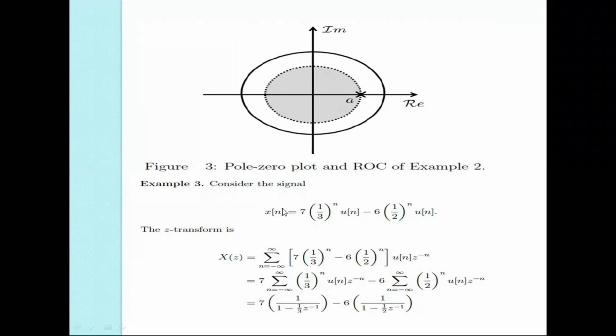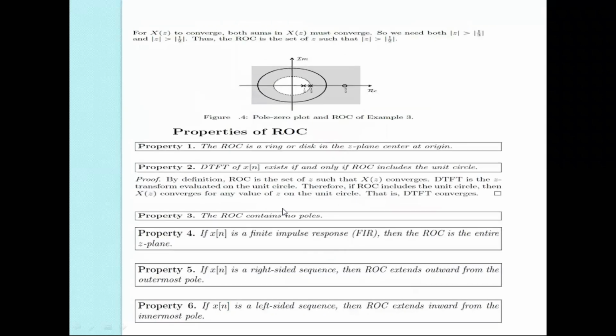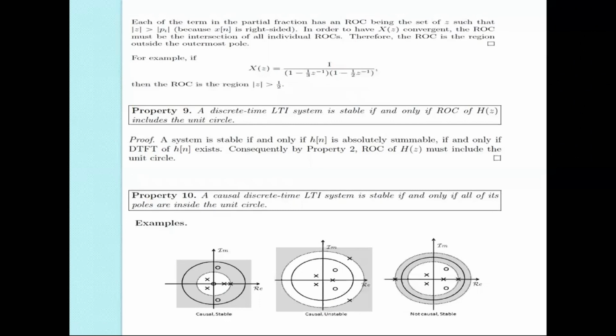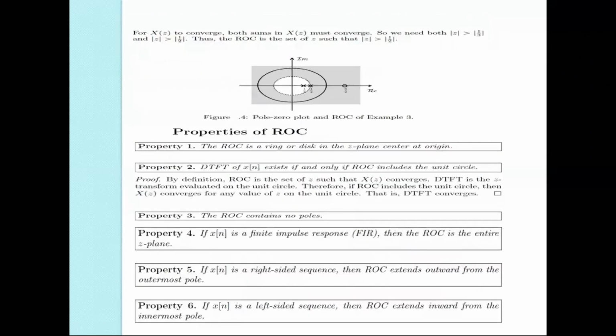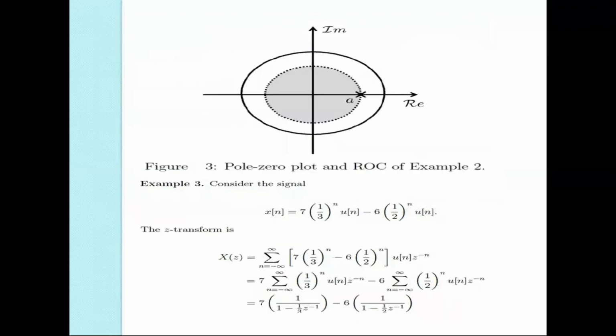Okay. So coming to the third example here, my dear students. Consider the signal x of n is equal to 7 times 1 by 3 whole power n u of n minus 6 times 1 by 2 whole power n u of n. 7 is a constant, 6 is a constant.